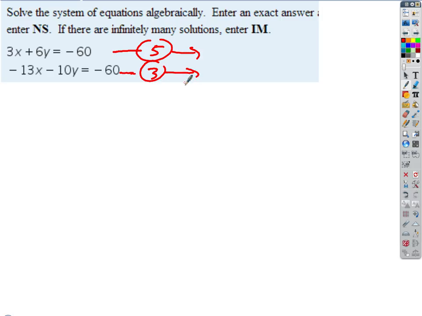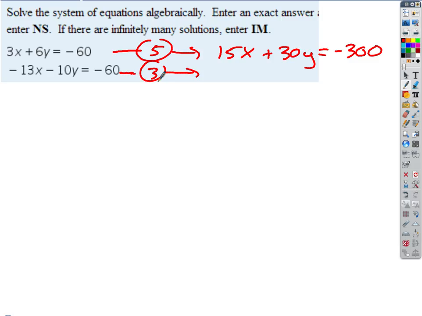When I distribute the 5 all the way through the top, what do I get? 15x plus 30y equals negative 300. On the bottom, 3 times negative 13?